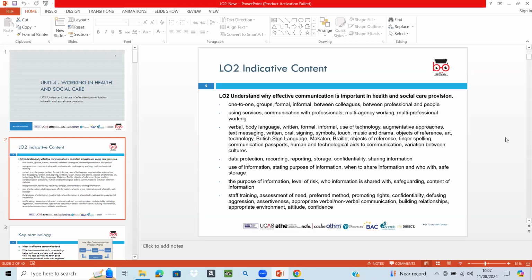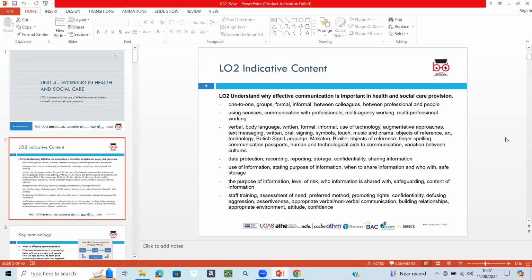As I have discussed yesterday in the first lesson, this specific unit 4 has 6 learning outcomes to cover, and we'll go through each learning outcome in each session. So we are focusing on the learning outcome 2.